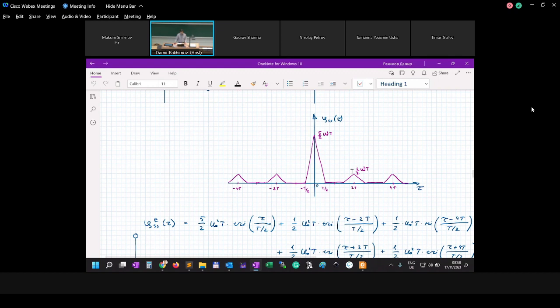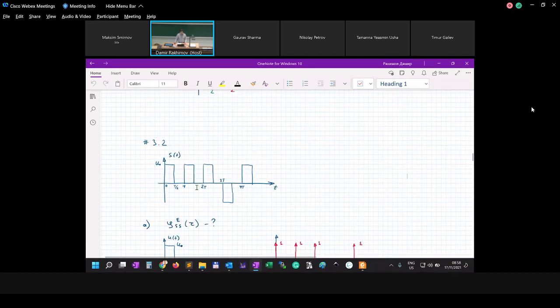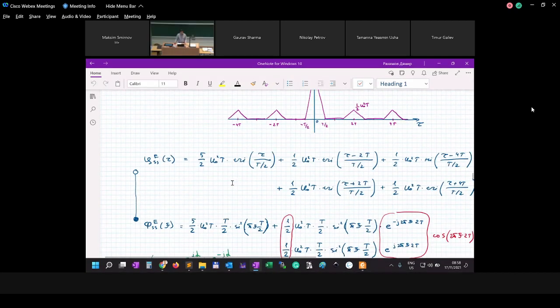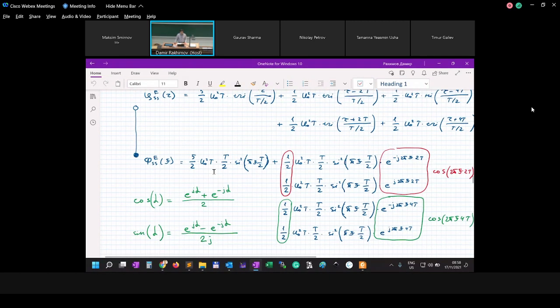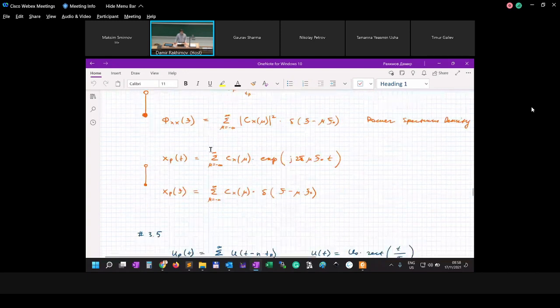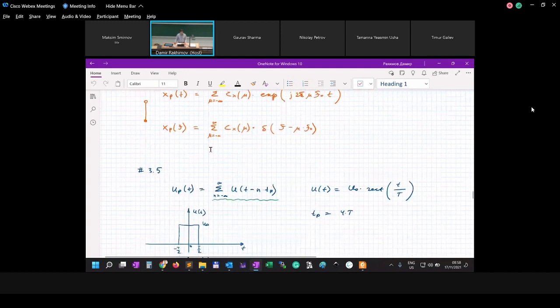You can also calculate correlation directly, just shifting this signal by different delays and finding the overlapping area. And we also found the energy spectral density by calculating the Fourier transform of the correlation function.